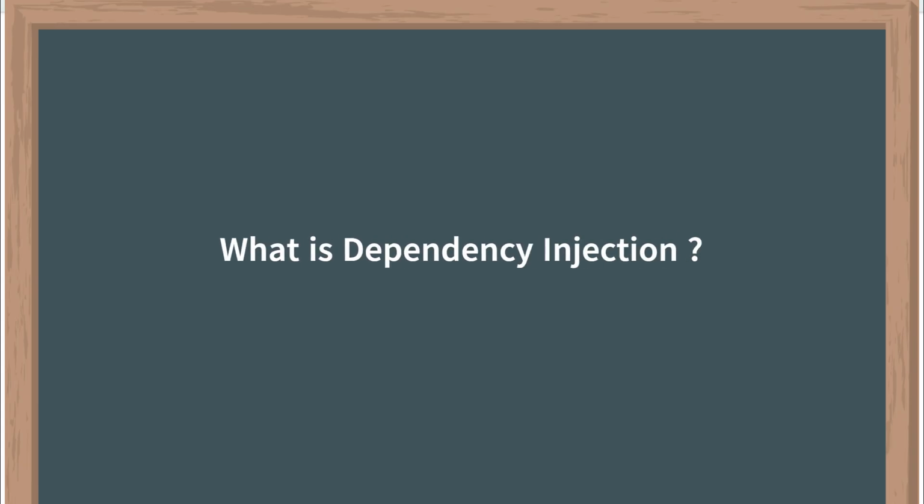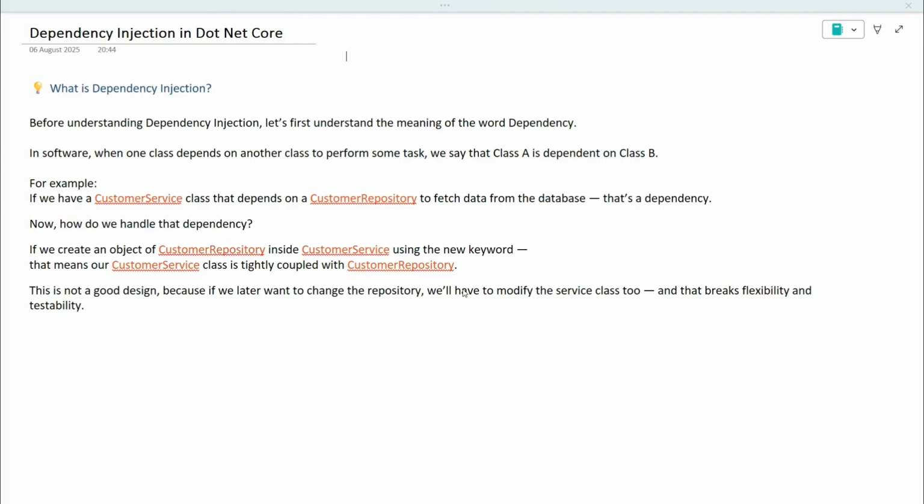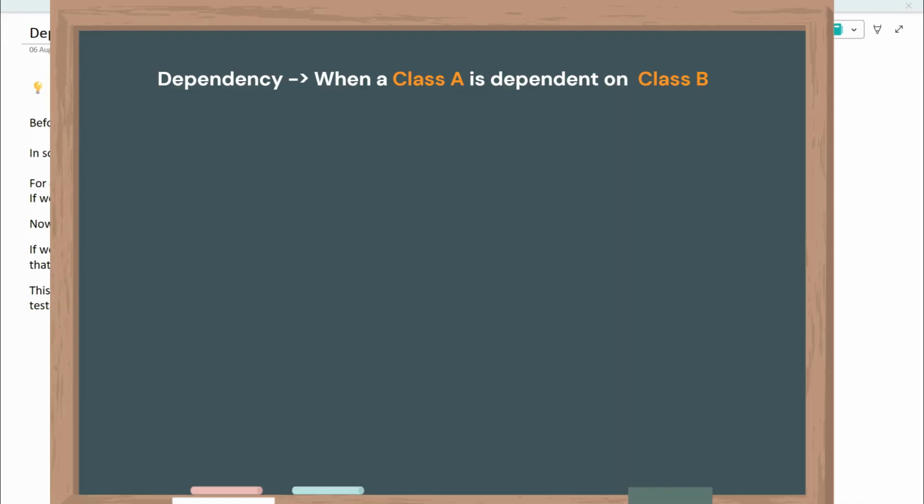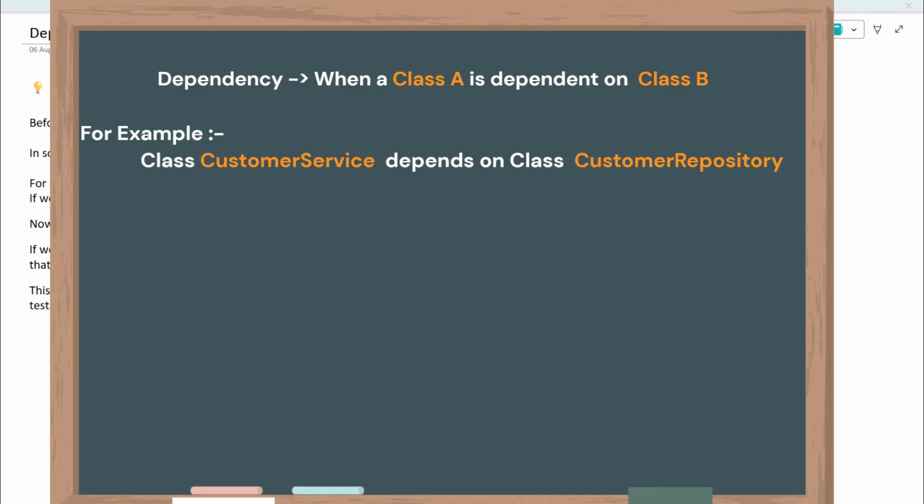So, what is dependency injection? Before understanding dependency injection, let's first understand the meaning of the word dependency. In software, when one class depends on another class to perform some task, we say that class A is dependent on class B. For example, if we have a customer service class that depends on a customer repository to fetch data from the database, that's dependency.